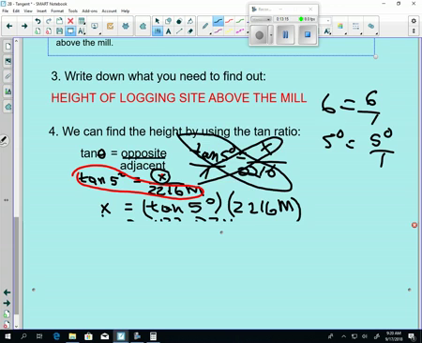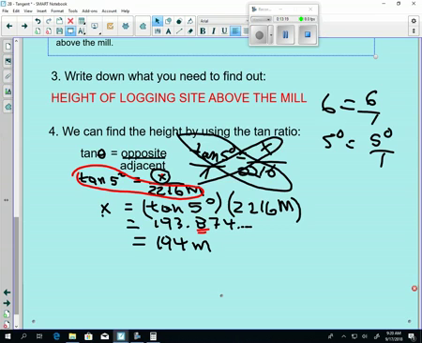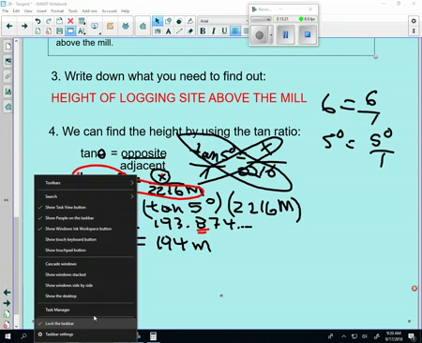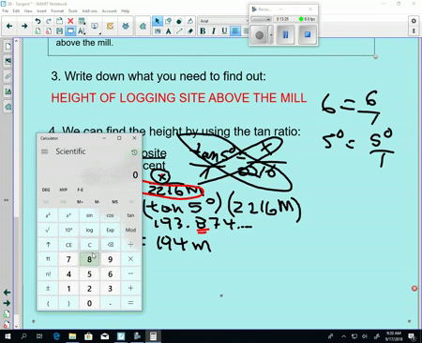Tan 5 times 2216. So I use my calculator. Five degrees tan times 2216, and I get 193.874.